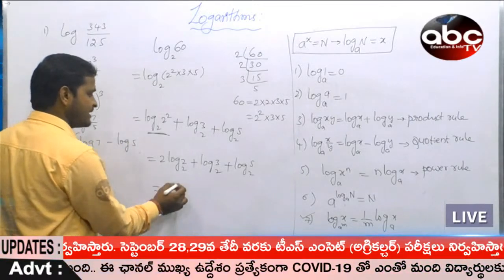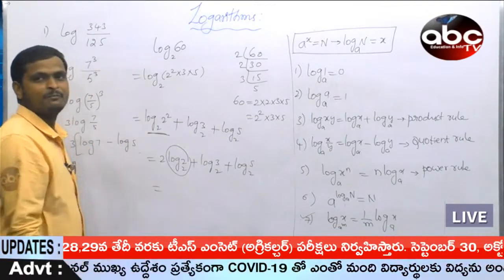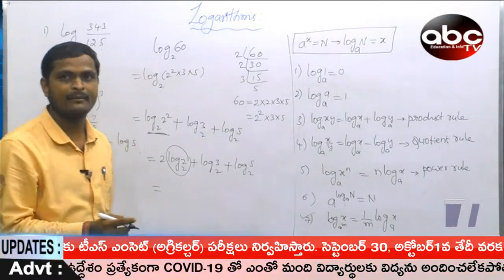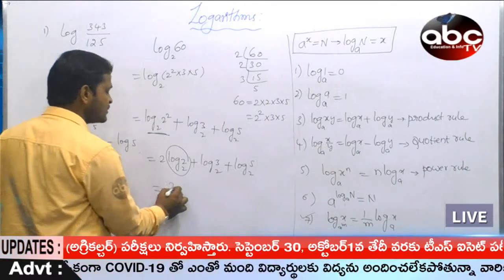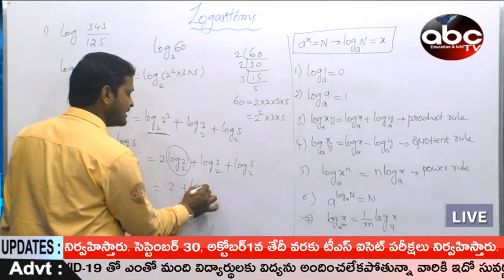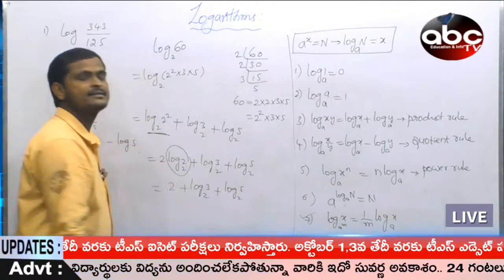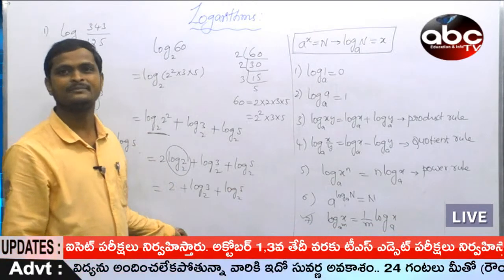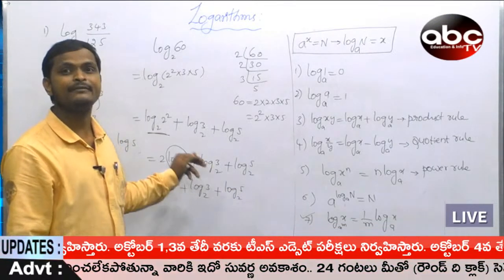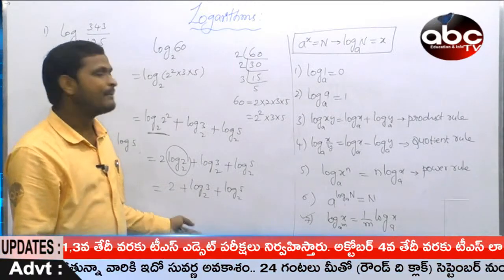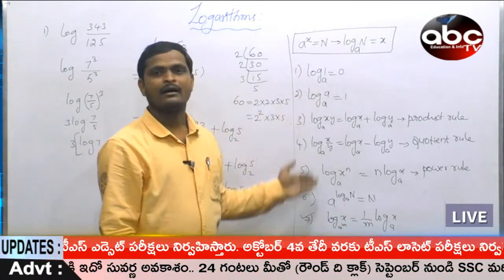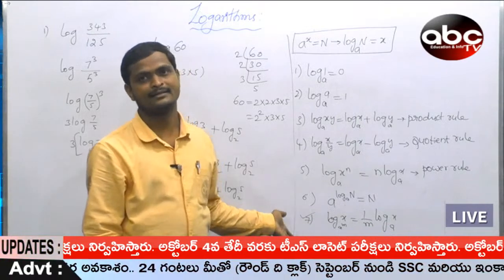Then already you know students, log 2 base 2, when number and base are same, then we get 1. So 2 plus log 3 base 2 plus log 5 base 2. Is it clear students? Very simple. These are different types of problems. We solve them by using properties of logarithms.